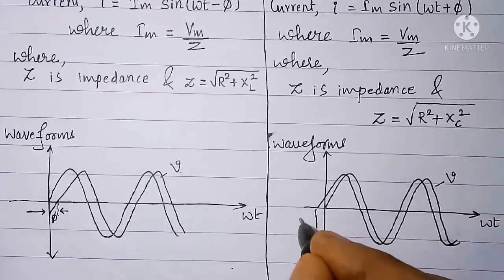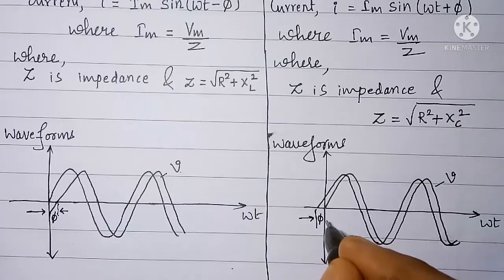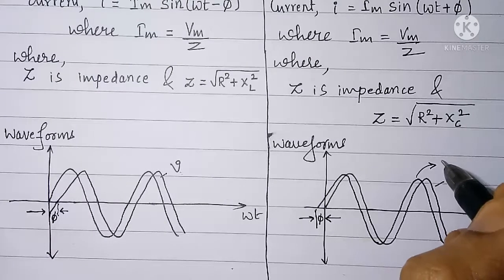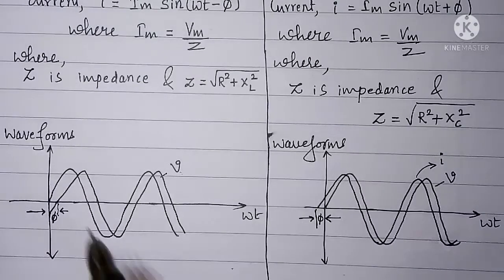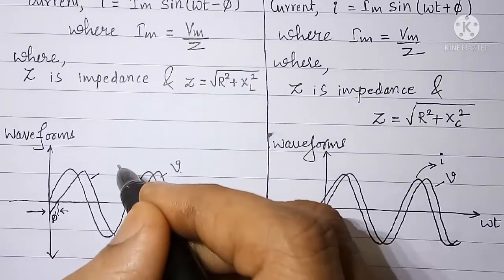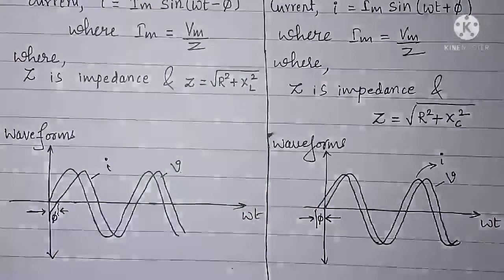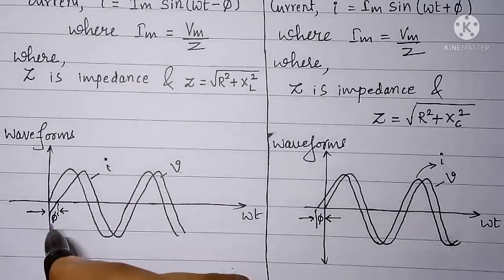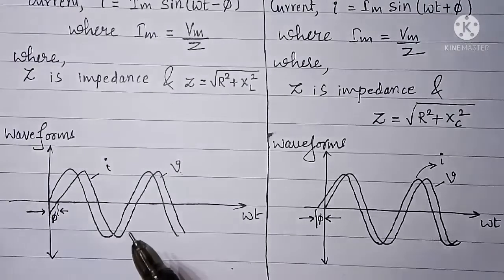So here we can show current leading supply voltage by angle phi. Now this waveform is for instantaneous current I, and here also this waveform is for instantaneous current I. Now for both the circuits, we can draw instantaneous power curve.